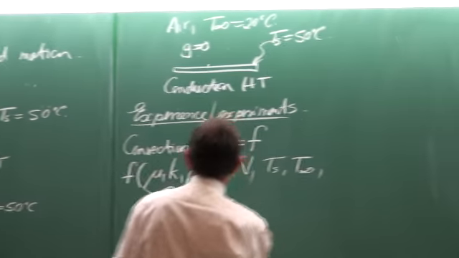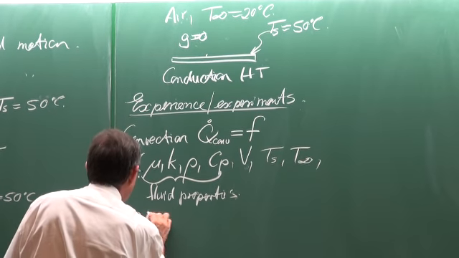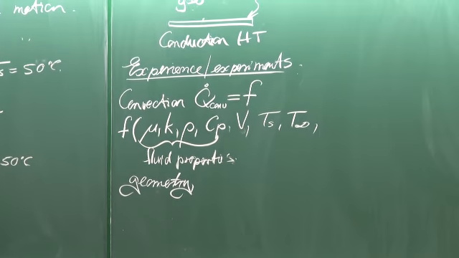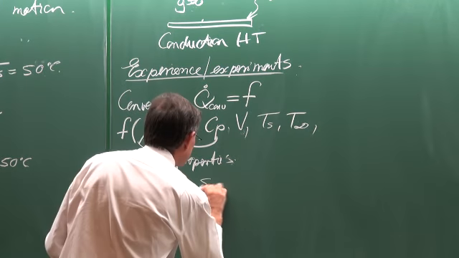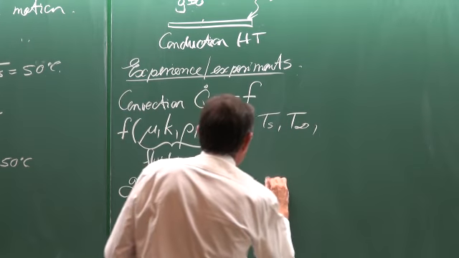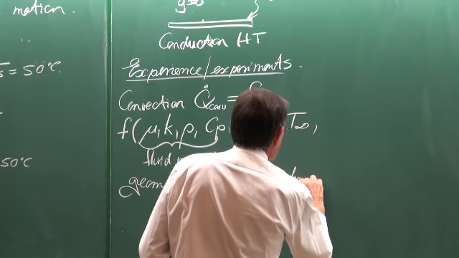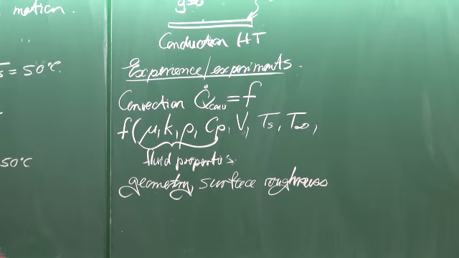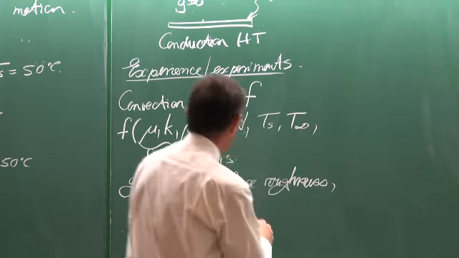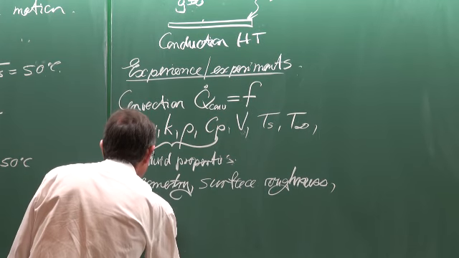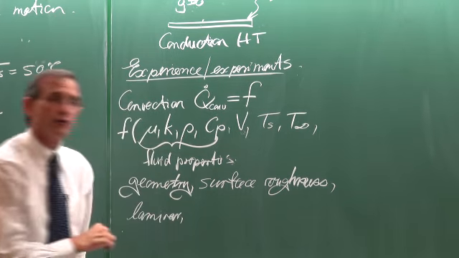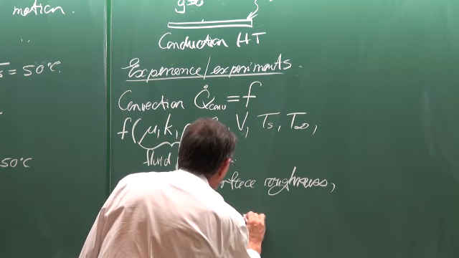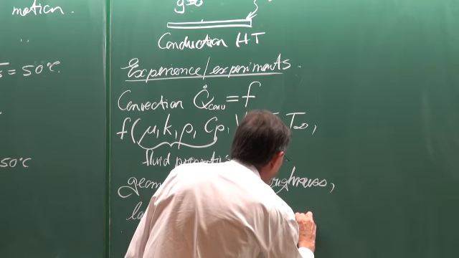So it is also a function of the geometry of the body, and surface roughness, and also the flow regime. So is the flow over the body in the laminar flow regime? Is it in the transition flow regime? Or is it in the turbulent flow regime?